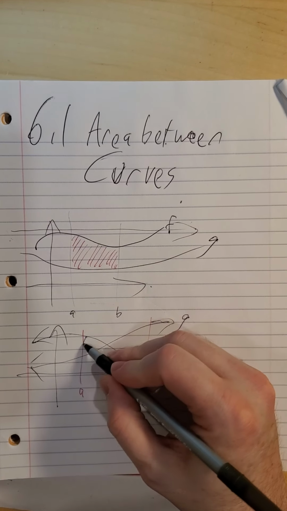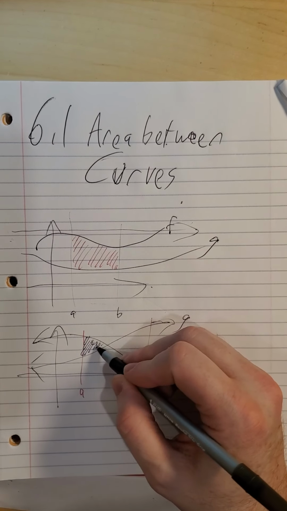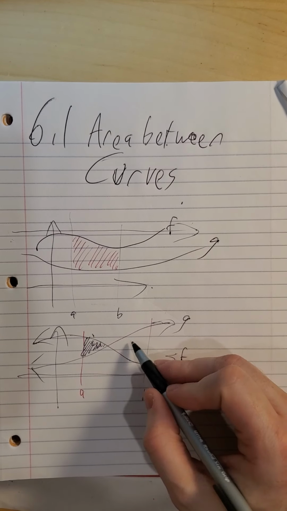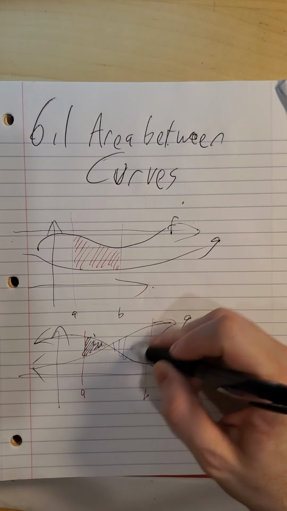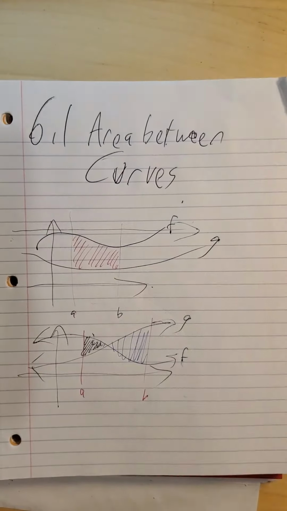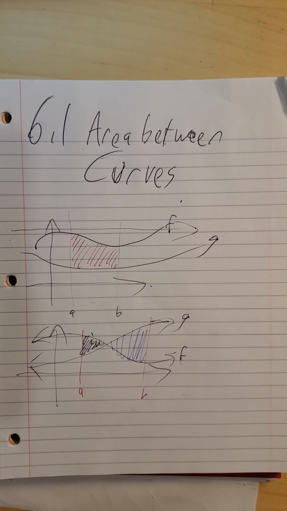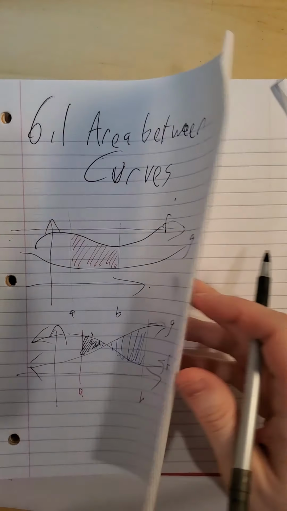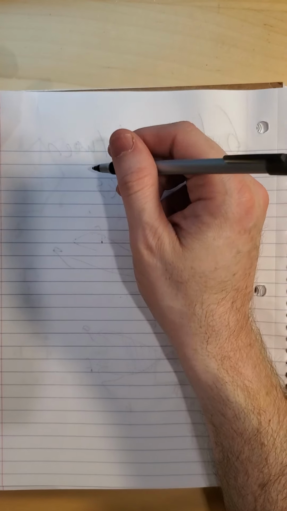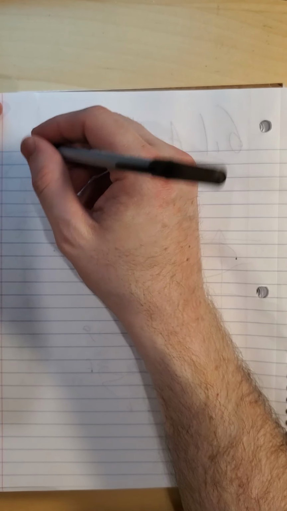In that case, we just have to set up two separate little mini problems, one where f is the top function and the other one where g is the top function, and we would just add those results together. So how we do this is just through integrals like we did before.